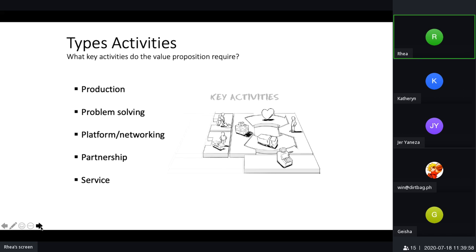It might be a lot, yes, because your business really requires a lot, not only coming from you but also going to your customer. So as early as now, you need to be able to identify the activities that would be deemed important in order to create your value proposition, in order to reach your customers, and in order to get money coming into your business.